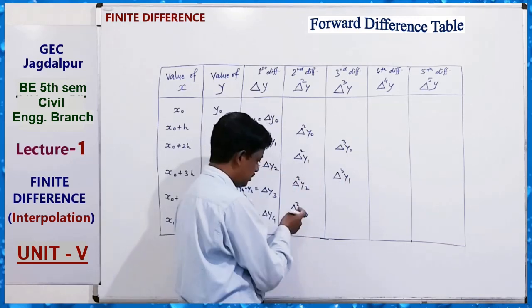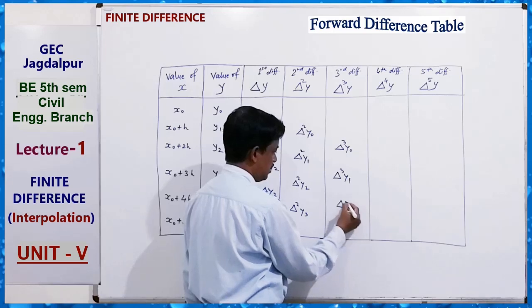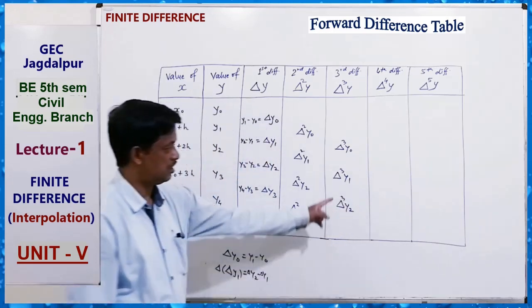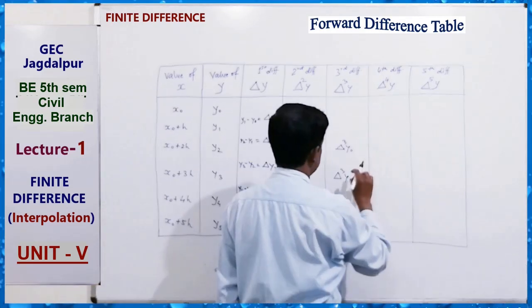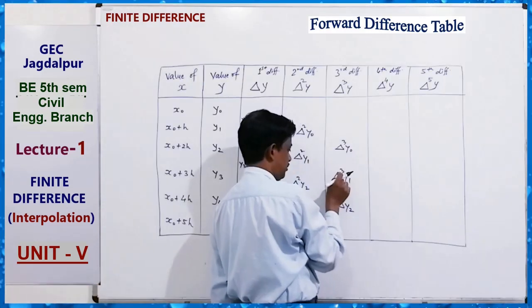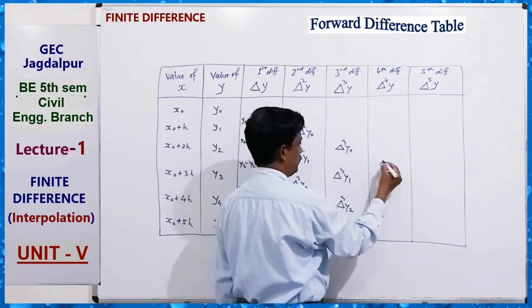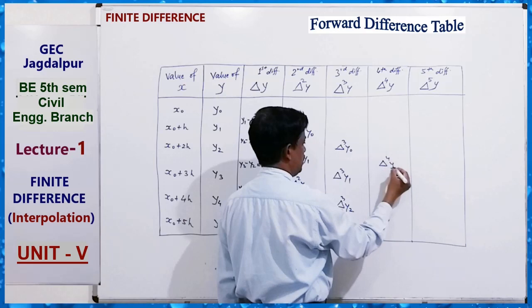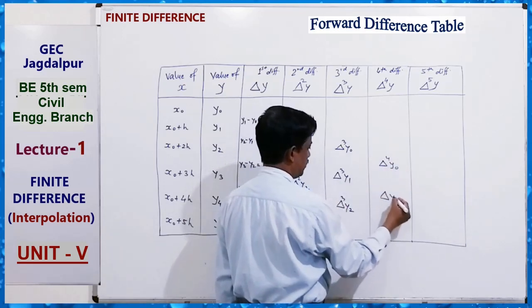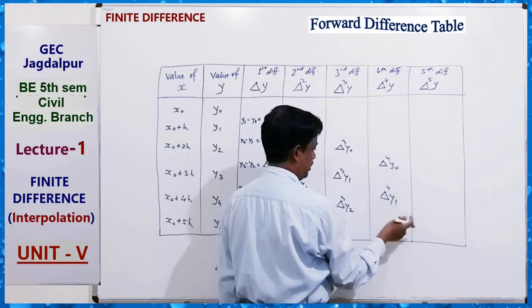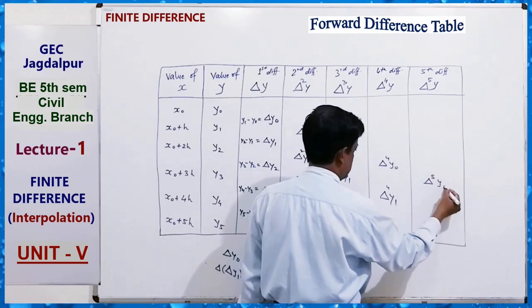Forward difference. This minus this, third difference at y 2 index. Just for fourth difference, this minus this gives del 4th y 0, or this minus this del 4th y 1, and this minus this is del 5th y 0.